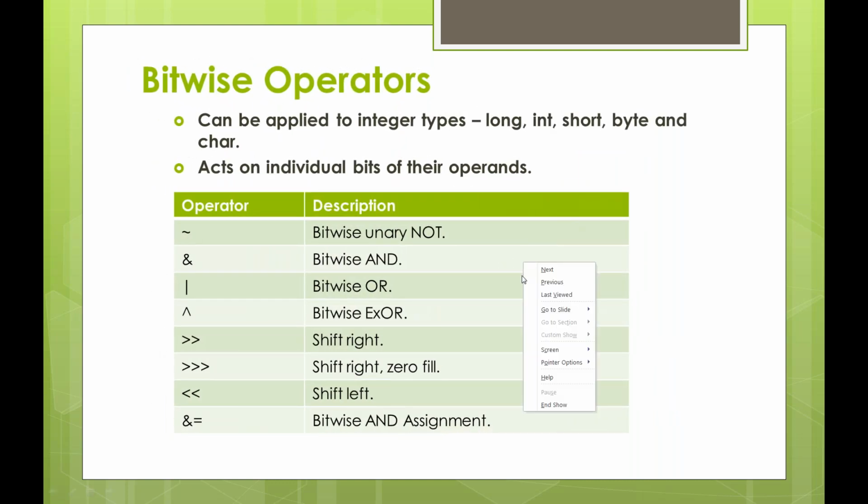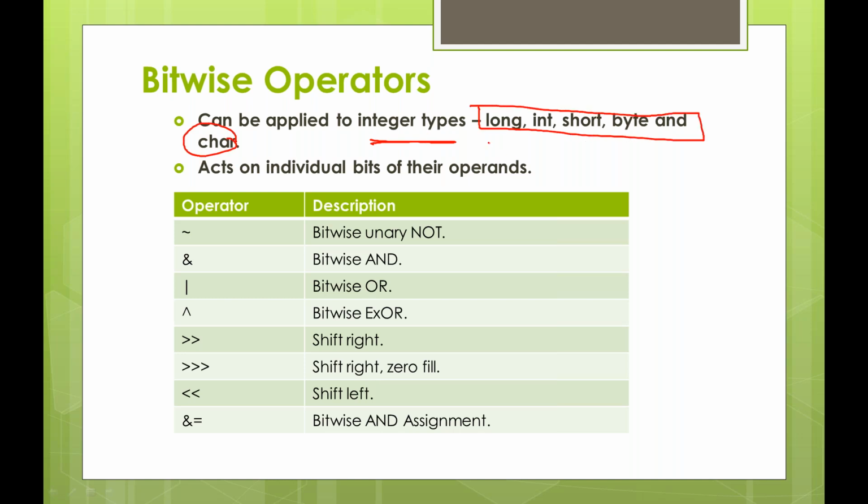We can apply these bitwise operators to any integer types, including char type. So we can apply to long, int, short, byte, and char type. Why do we call this a bitwise operator?